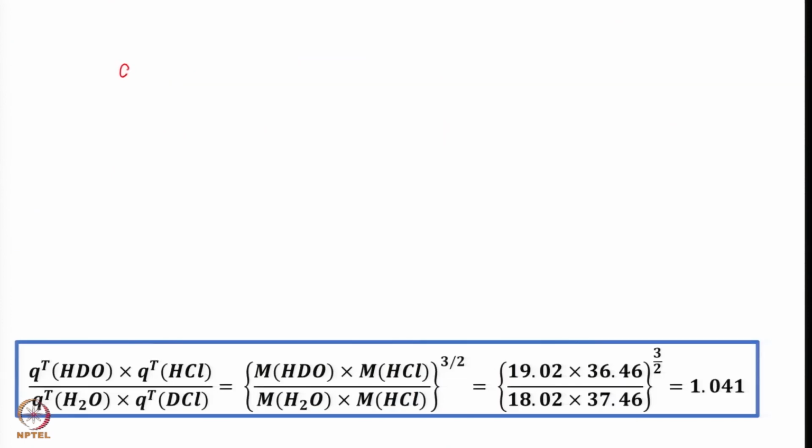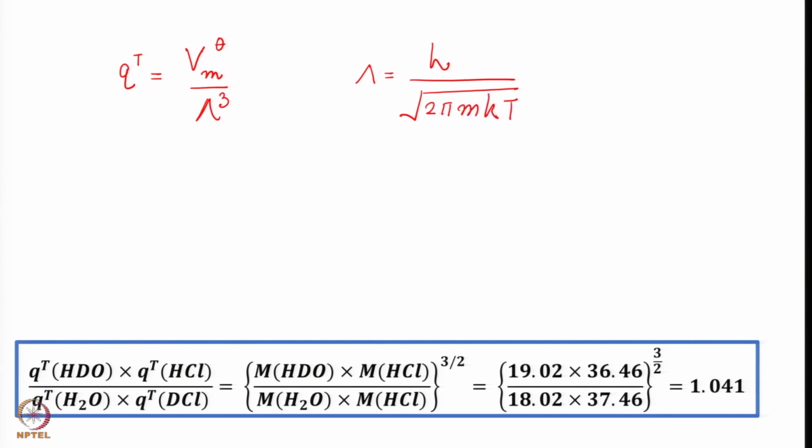Q translational is equal to V m naught by lambda Q, where lambda is equal to h over square root of 2 pi m k T. See how this given problem can be simplified. h is a constant, Planck's constant, and 2 pi k T is fixed, since you are given the temperature.